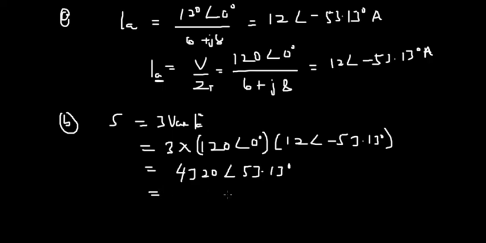When you convert it, you end up with 2592 watts, plus j3456. That will be our VAR, because that's volt amperes. S has units of watts and VAR. So these are power, and these are in total.